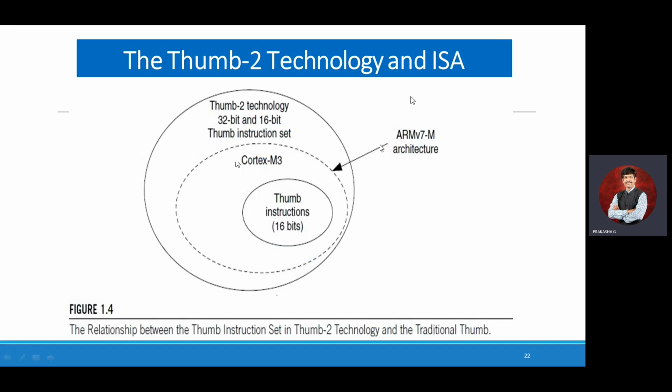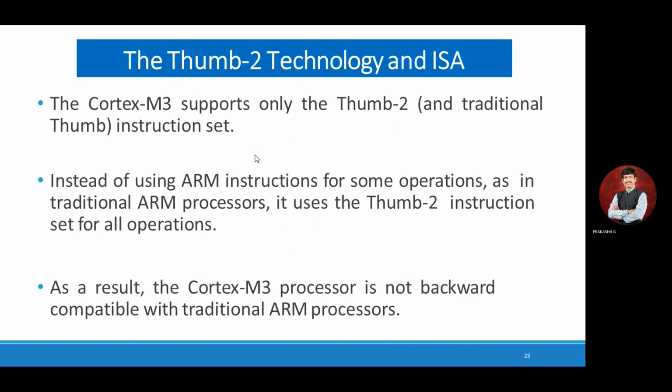ARM version 7 was there, but they added M to that; M3 is the architecture. This shows the relation between the thumb instruction set, Thumb2 technology and the traditional thumb. The traditional thumb is 16-bit, and the newly updated one is the Thumb2 instruction set architecture, which deals with both 16-bit and 32-bit data.